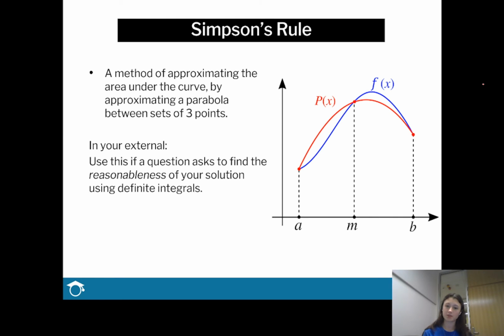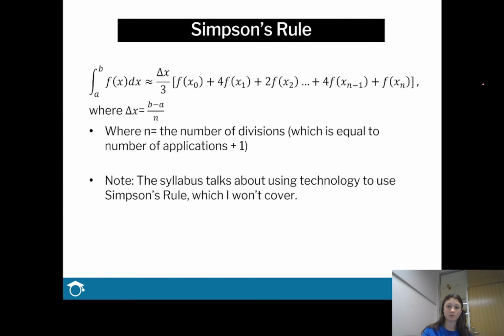So in that case, what you need to do is use the function that they've given you and find the limits for Simpson's rule using that function by cutting it up into however many strips you need. And then once you've done that, just integrate the function and find the definite integral as per usual, and you can therefore say that the solution is reasonable because you verified it using definite integrals. Maybe it's vice versa.